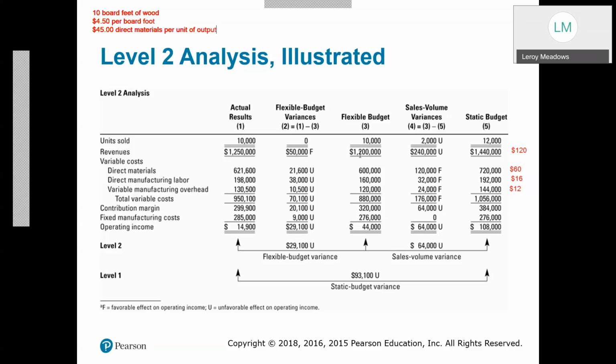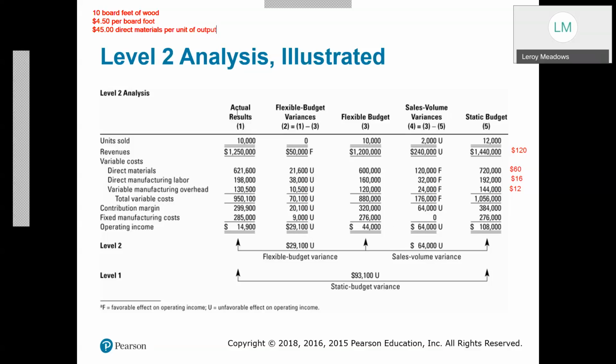And then for my flexible budget, I can subtract out my flexible budget amount for direct materials, direct labor, and variable manufacturing overhead from my flexible budget revenues to get my flexible budget for contribution margin. Then I have fixed manufacturing costs at $276,000. Again, that's not going to change, but we still want to account for that. So there should be no change because that's dealing with capacity. So for budget purposes, there should never be what we're going to see here, a variance or a difference between the flexible budget and static budget.